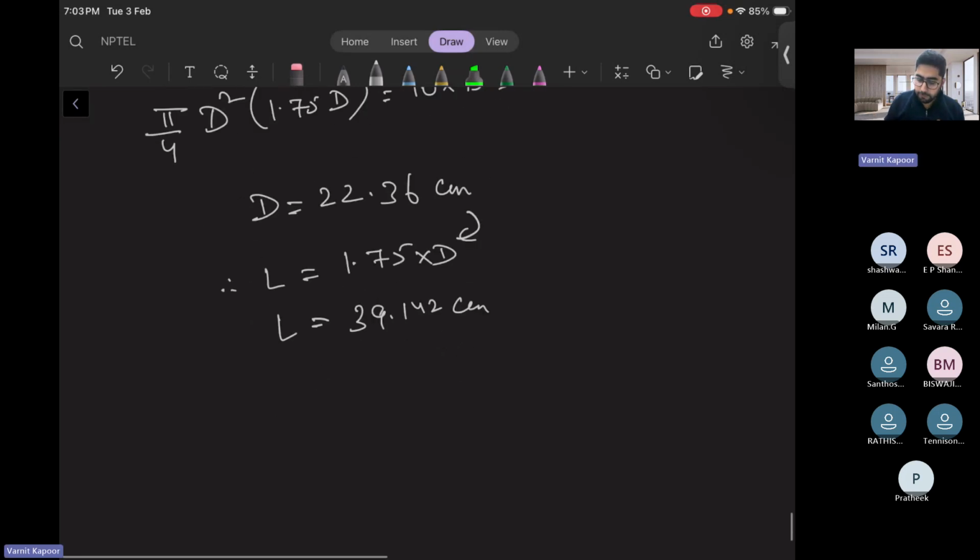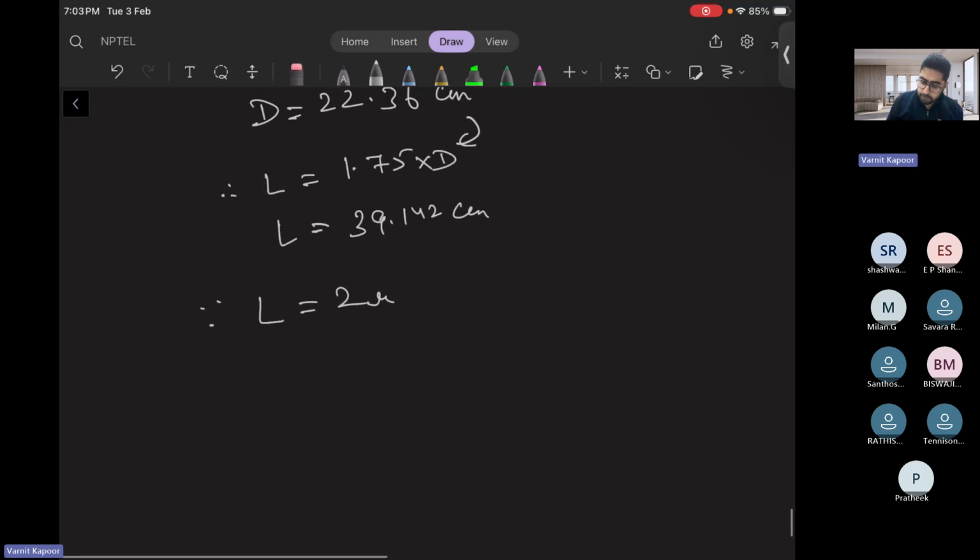The length of the stroke is 2 times the crank radius: in one sweep, from top dead center to bottom dead center, the length covered is 2r. So L is 2r, and r will be L by 2. Put this L here, and r will come out to be 19.57 centimeter.